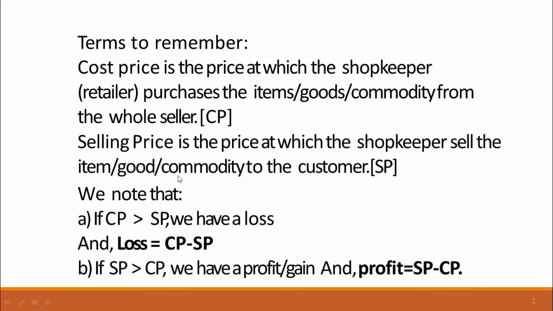So these are very fundamental and important terms to remember: the definition of cost price, the definition of selling price, and how to find loss and profit. When we lose and when we gain: if the cost price is greater than the selling price, we have a loss, and if the selling price is greater than the cost price, we have profit or gain.